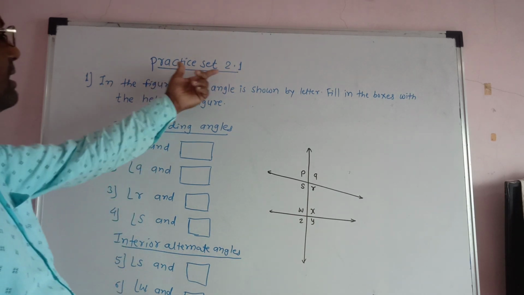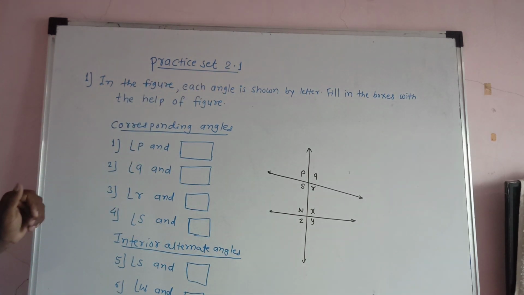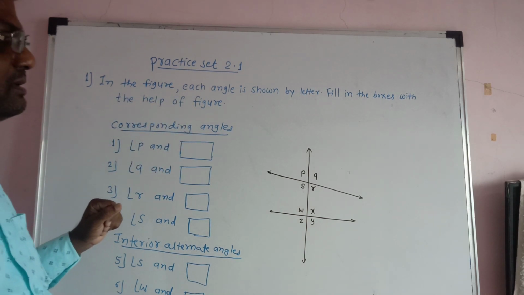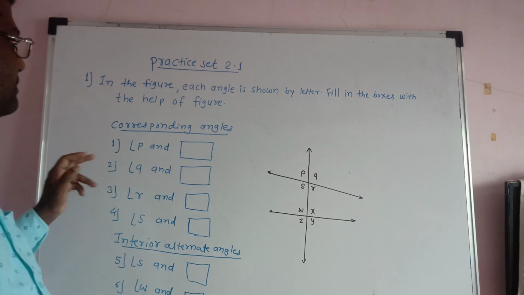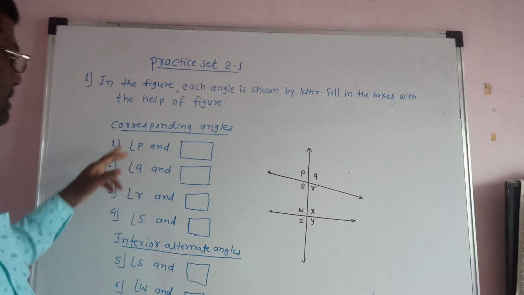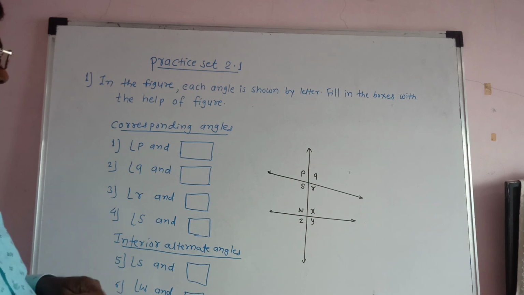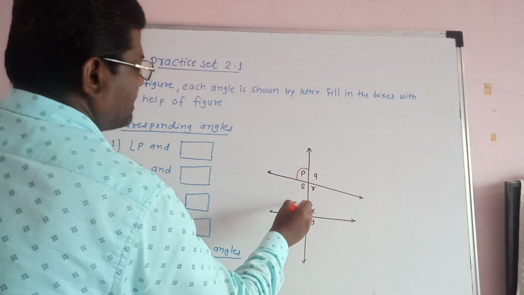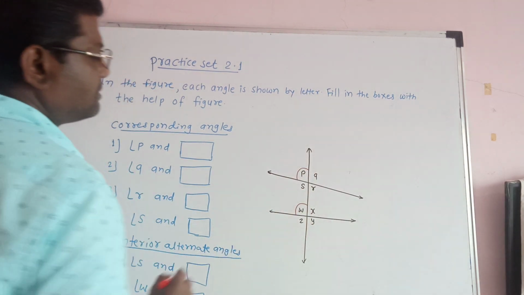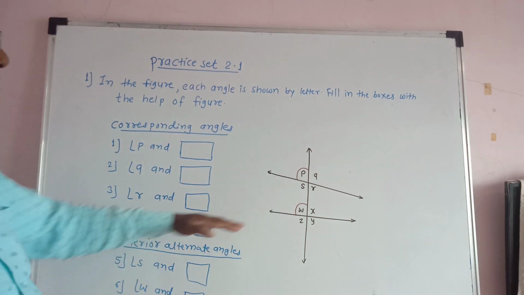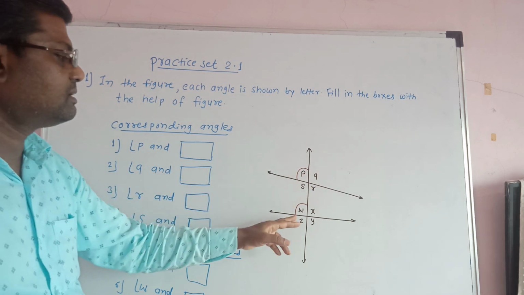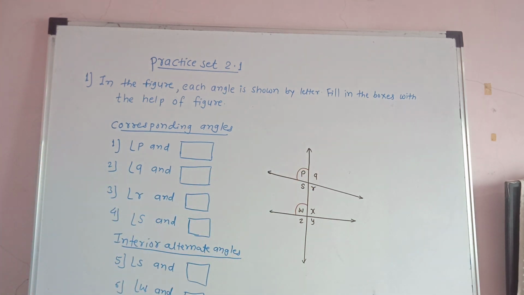Now practice set 2.1. Question number 1. In the figure, each angle is shown by a letter. Fill in the boxes with the help of the figure. Corresponding angles. Angle P and box. This angle P and angle W are upward of these two lines and toward the right of the transversal.